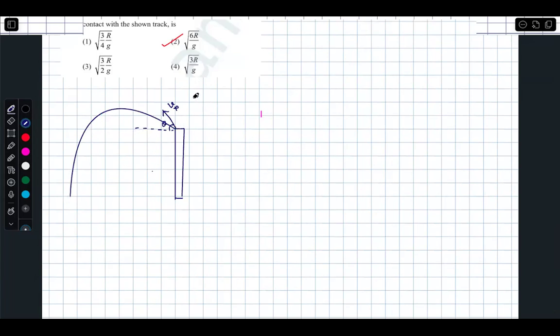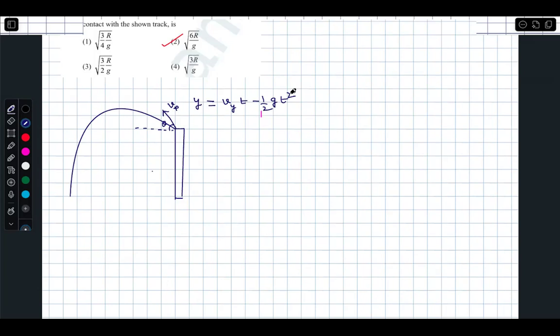For this, we have an equation: y is equal to u sin theta, general equation, y is equal to uy into t minus half g t square. I think you know this. I am taking you back to the vertical parabola, the path of a projectile is a parabola condition.